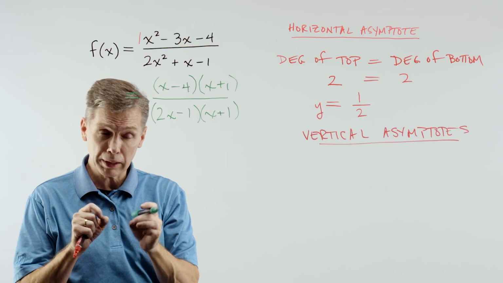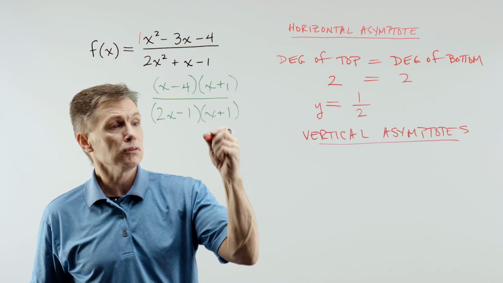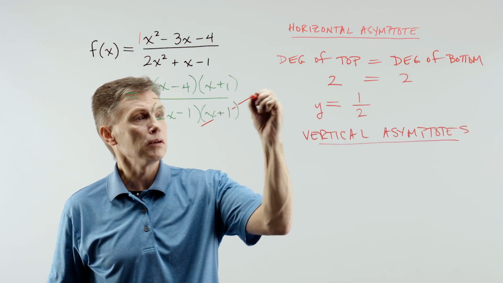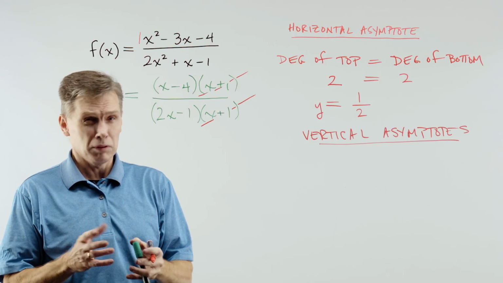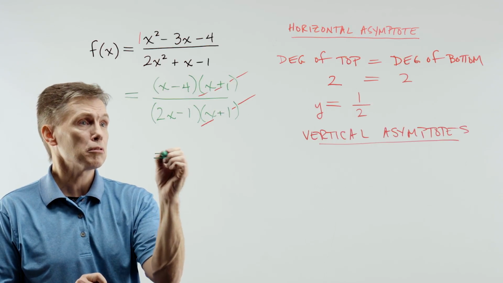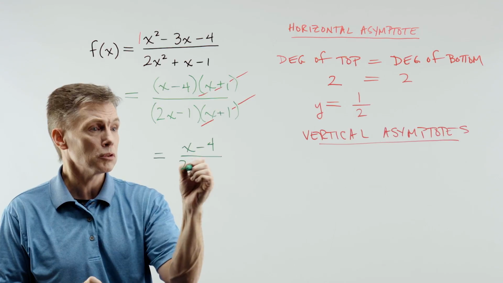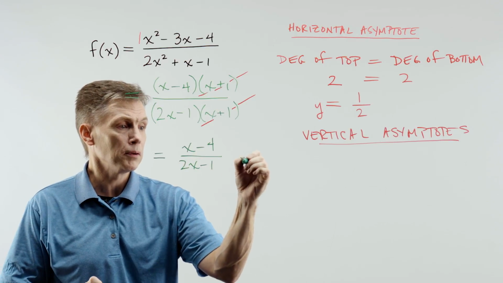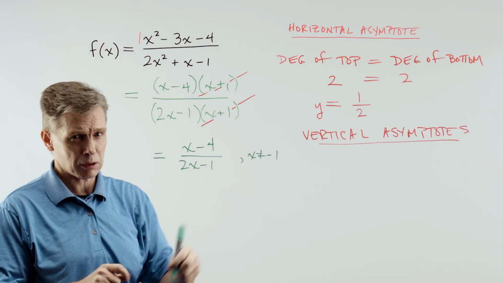Now, the reason we did that is because notice that there is this factor of x plus 1, top and bottom, that would divide out. So this simplified version of our rational function is just x minus 4 over 2x minus 1, and we would have a little x not equal to negative 1 because of that crossout we did.